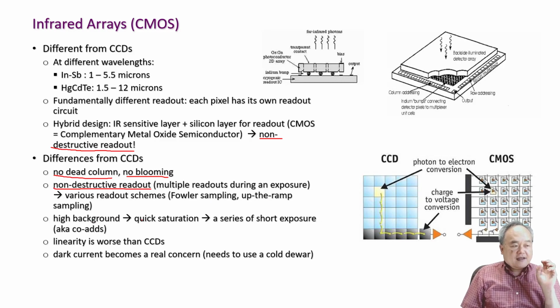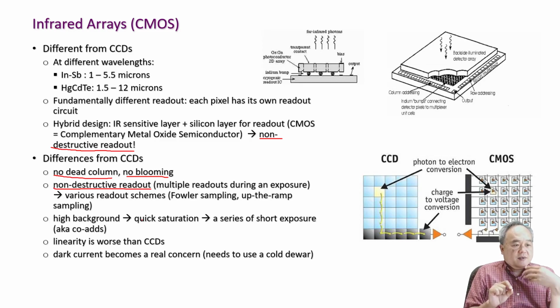And being infrared, the infrared arrays and the photosensitive layers are sensitive to temperature. So they generally produce higher background noise sources. That means saturation happens faster than with a CCD.